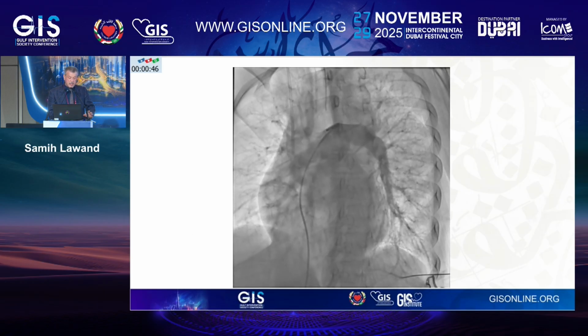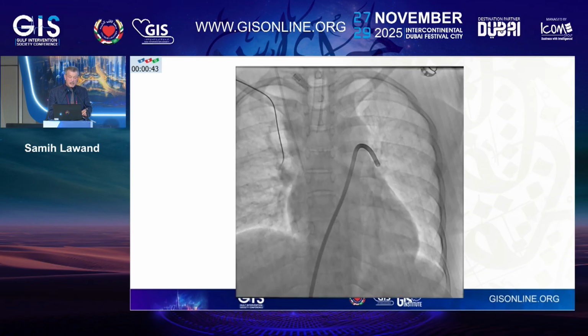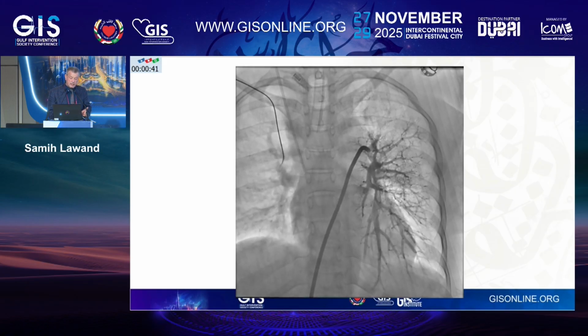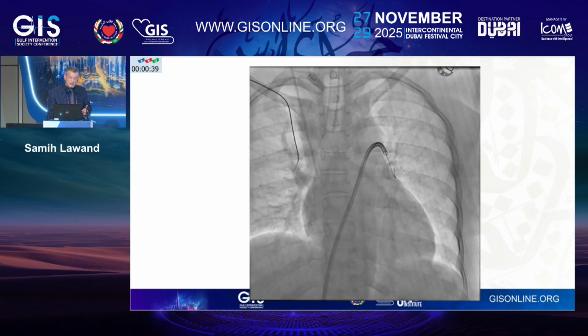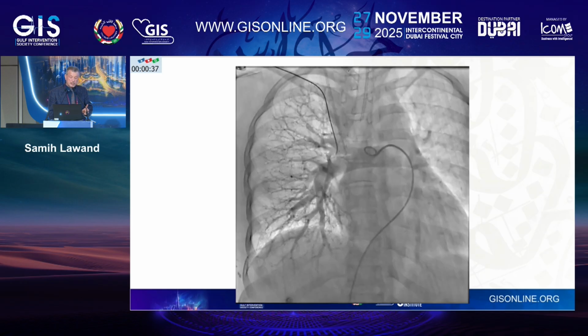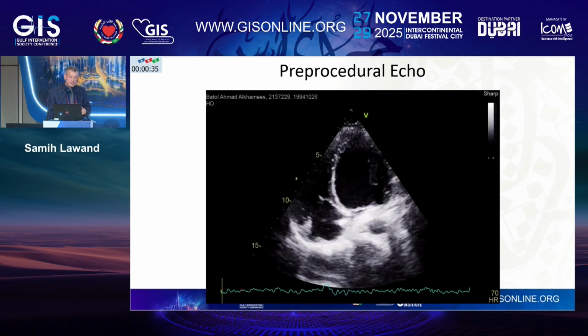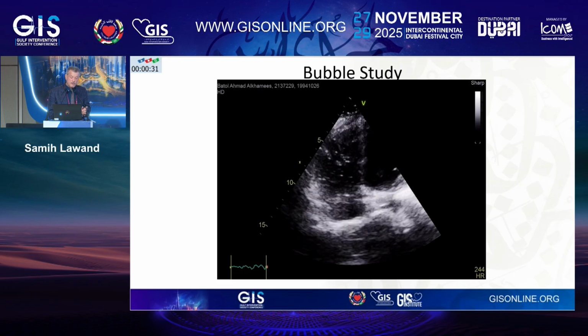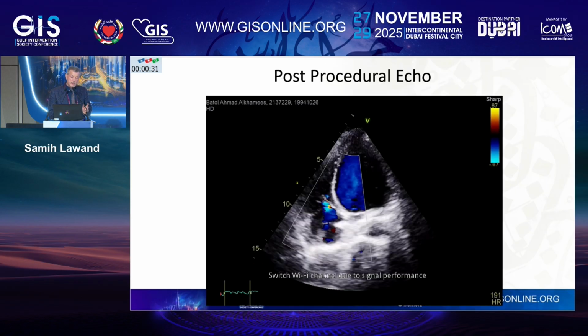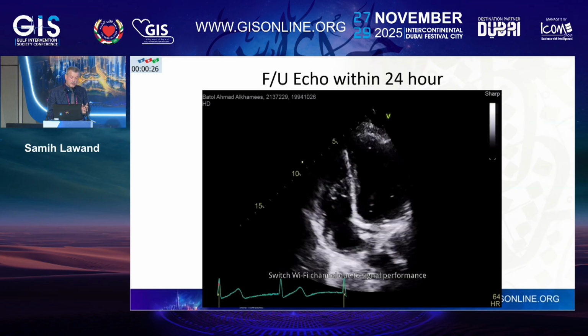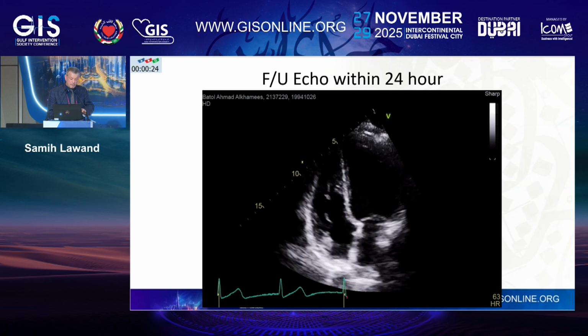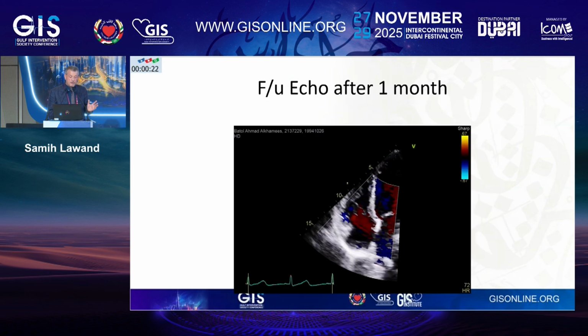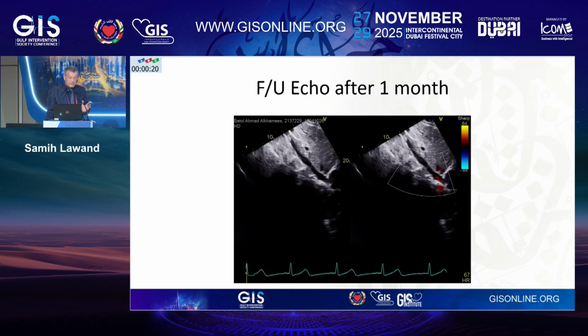And again, same thing, large filling defects, you can see, on the right and the left as well, manipulated, with suctioning throughout. And this was her RV at the start, with bubble study also confirmed. And then after 24 hours, much less tachycardia, improved RV, and IVC.